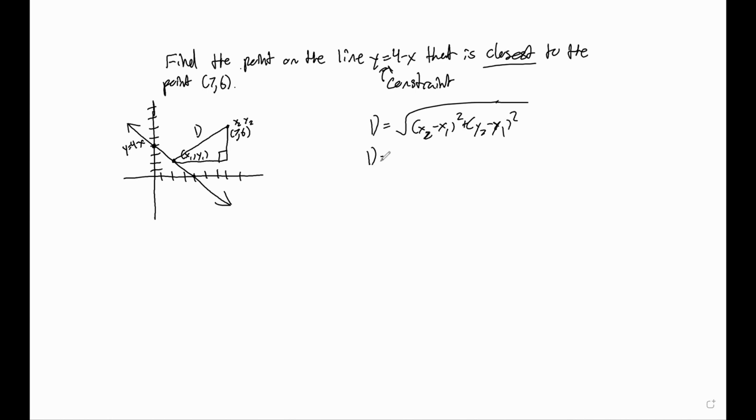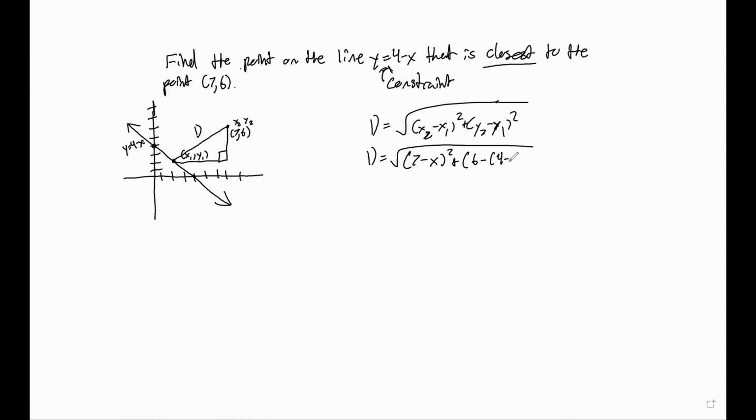So now we got to substitute in some of our variables. So we get, okay, 7 minus x squared. I also labeled 7, 6 as x2, y2. Those are the second points that we're going to compare in our distance formula. So 7 minus x squared plus 6 minus, and since we know that y is equal to 4 minus x, then we can just say that y1 is also equal to this.